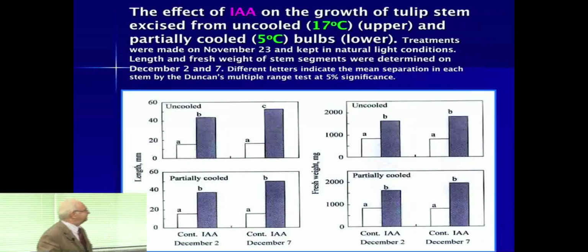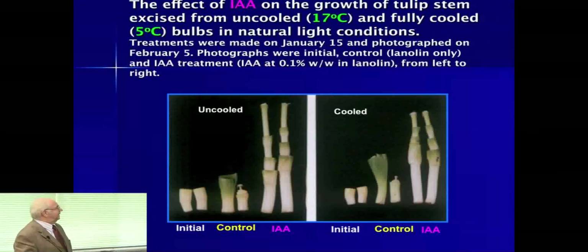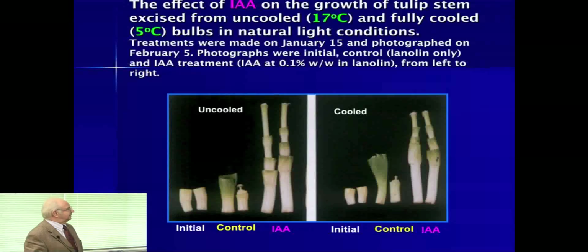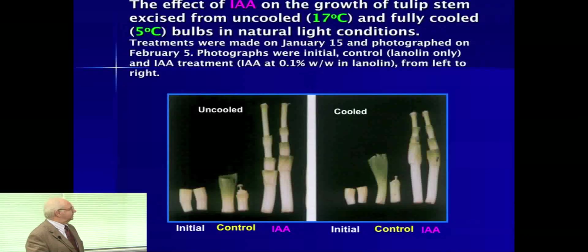In that case, we applied explants isolated from fully cooled and uncooled tulip bulbs. At the initial stage, in the control, we observed some growth, not so much, but with IAA treatment we have similar growth in uncooled and cooled tulip bulbs.